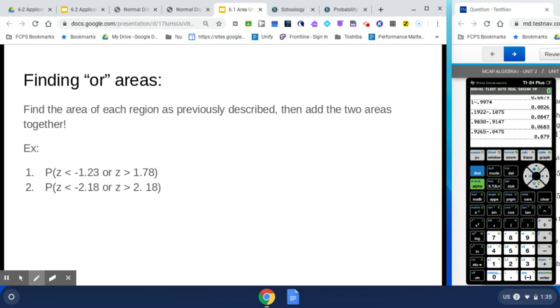So taking a look at number 1, we're finding the probability that z is less than negative 1.23. So I'm going to shade to the left of that. Or z is greater than 1.78. So we can see that there's two separate areas that we want to include on our normal curve.